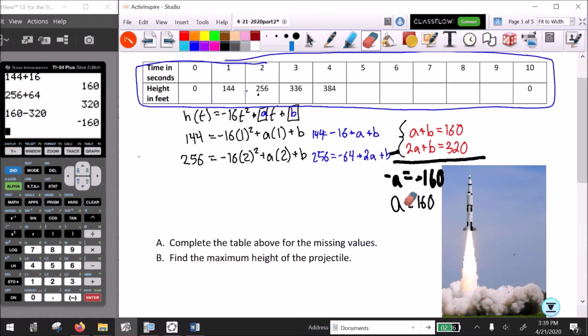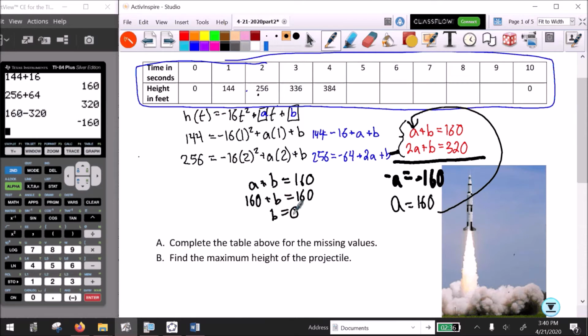So if I plug this 160 up here, I can determine that B must be equal to 0 because A plus B is equal to 160. If I replace A with 160, I get this, and I subtract 160 from both sides, I get 0. So now we know A is 160, and B is 0.